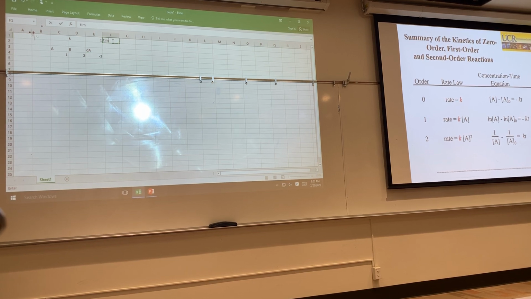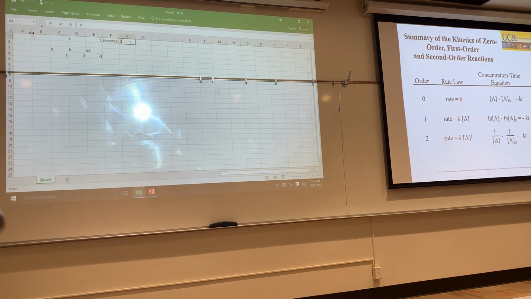Obviously, my time step here can be 0.01. I should not forget my time step to multiply into it. And I need my index, which starts with 0.